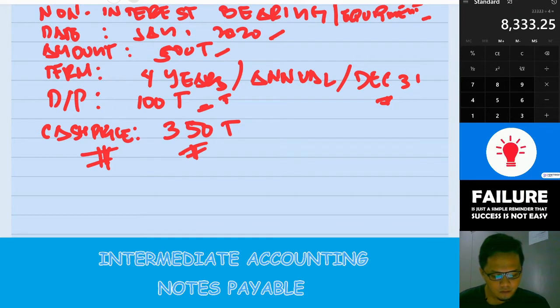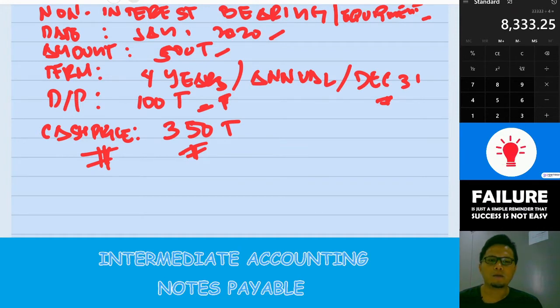So the first thing that we need to do here is, because there is a down payment of 100,000, we have to determine the remaining amount of the note payable, which, as we said, is to be credited at face amount.